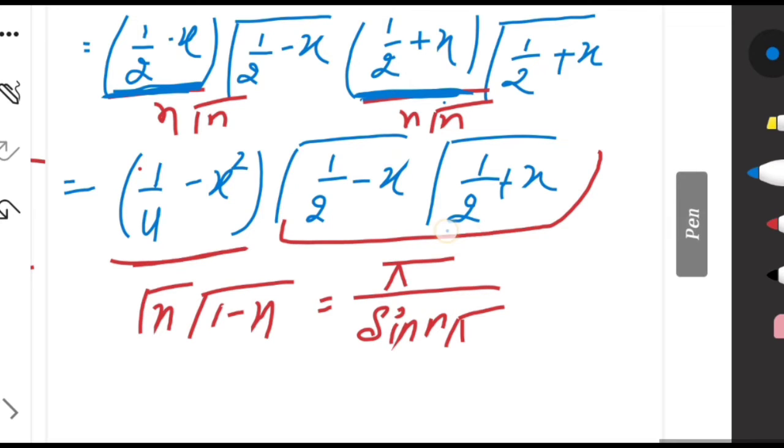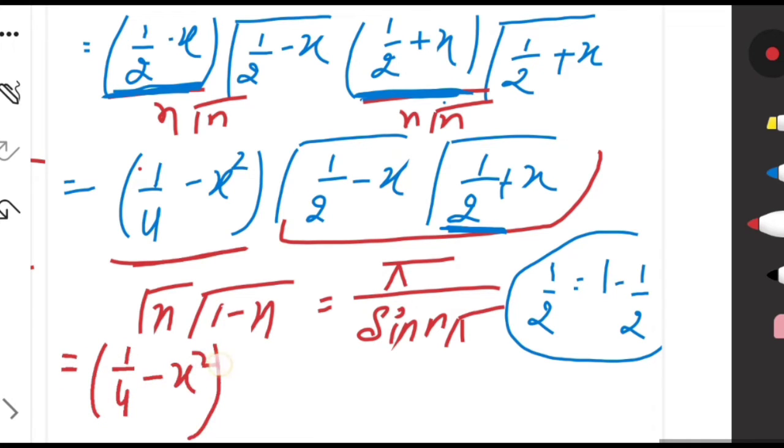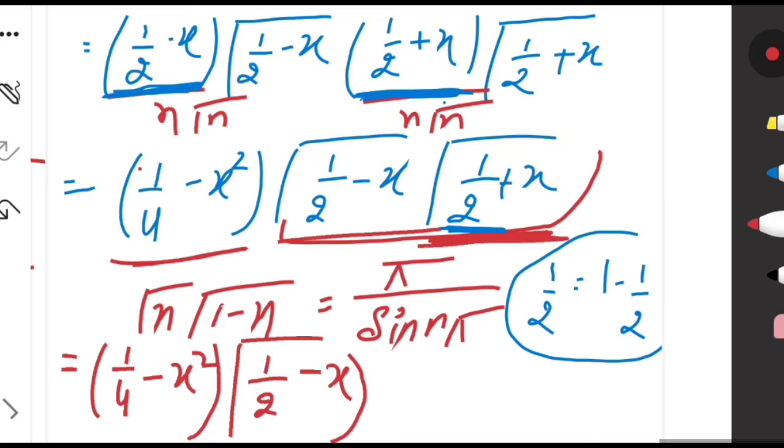I'm changing this half, as half is equal to 1 minus half. The 1/4 minus x squared and this gamma function will be as they are, and I'm writing the other as gamma of 1 minus half plus x.